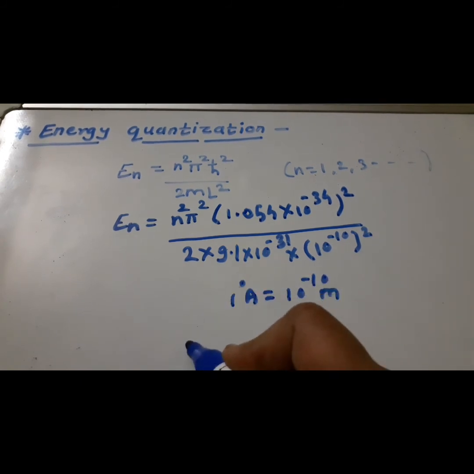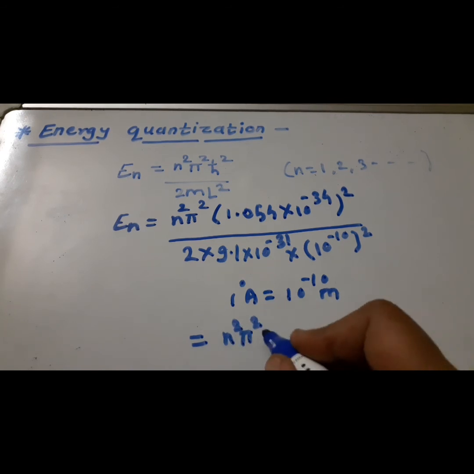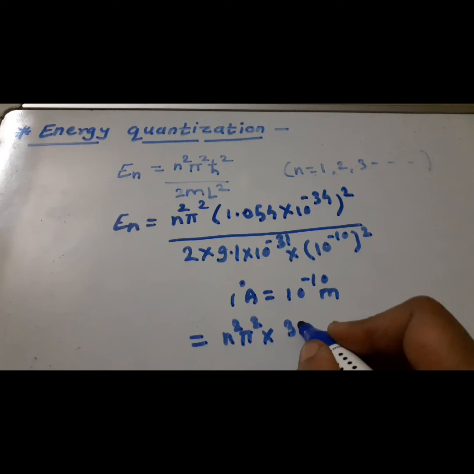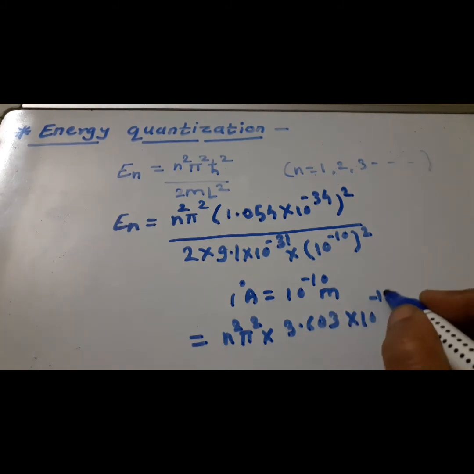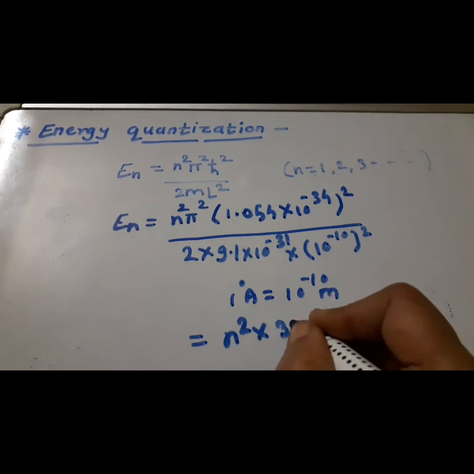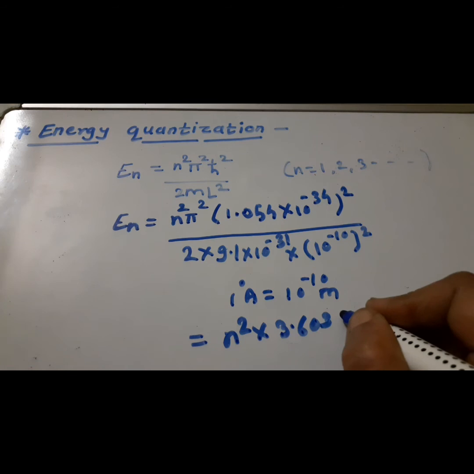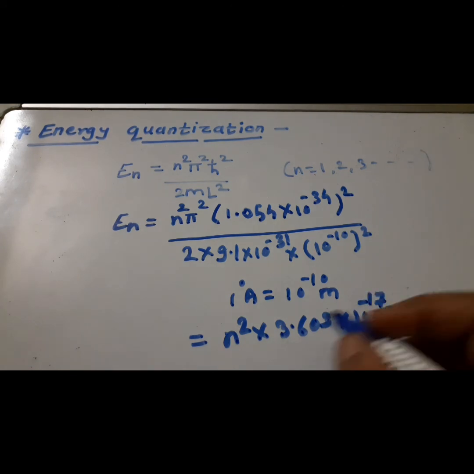Then after solving this, we will get n squared pi squared into 3.603 x 10^-17 joule. Now the energy in joules can be written as n squared into 3.603 x 10^-17 joule.